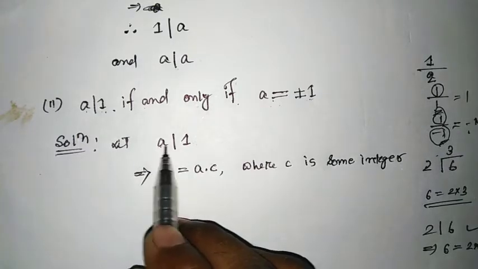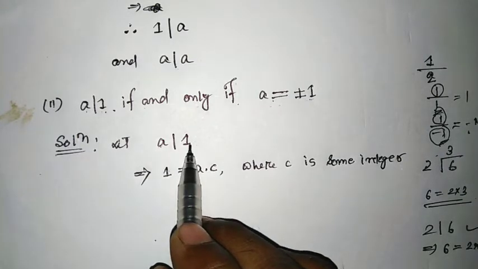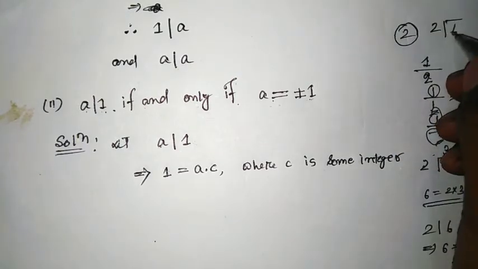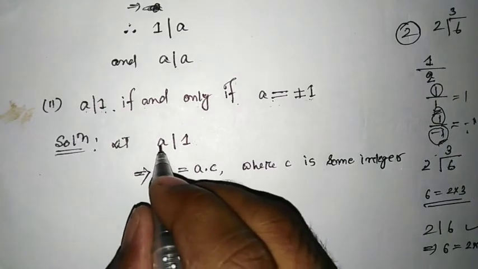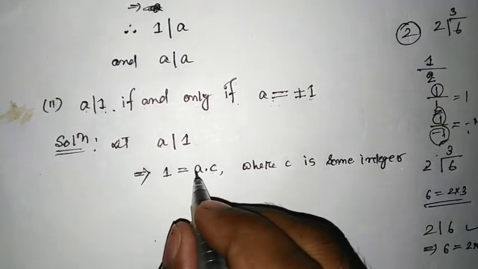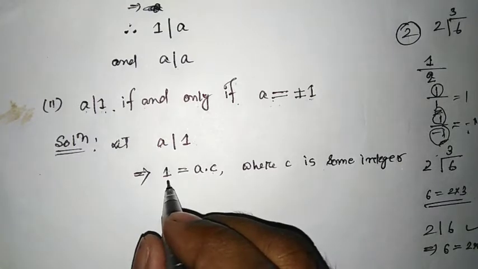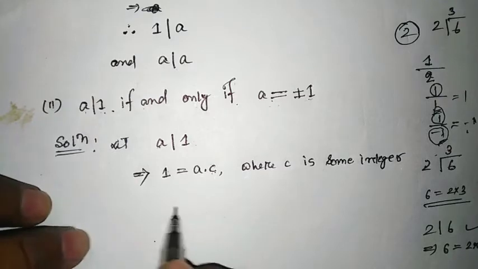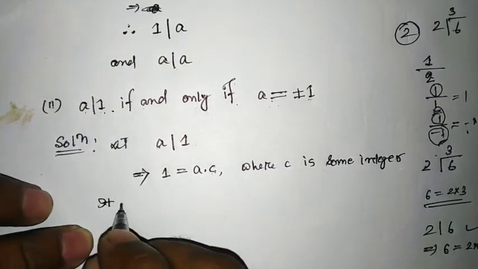If an integer a divides another integer, then we get some result, no? When 2 divides 6, we get result 3. So when a divides 1, then we get some result c. That means a into c is equal to 1, no?